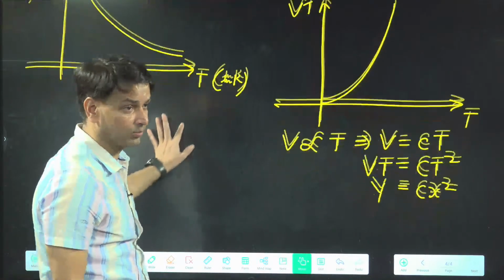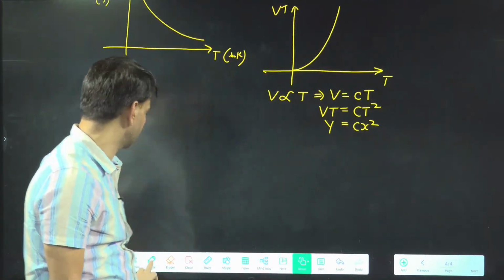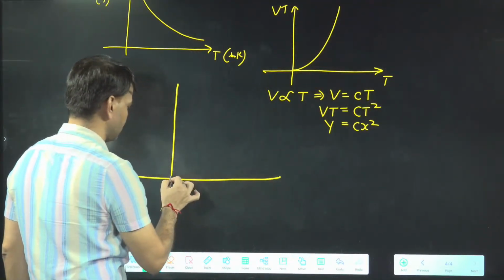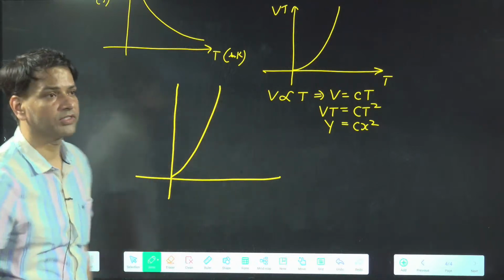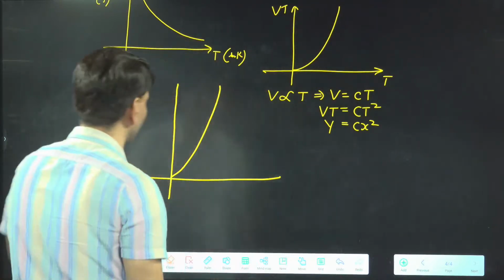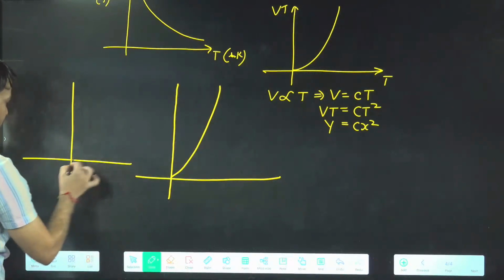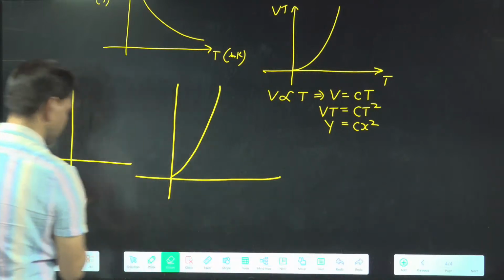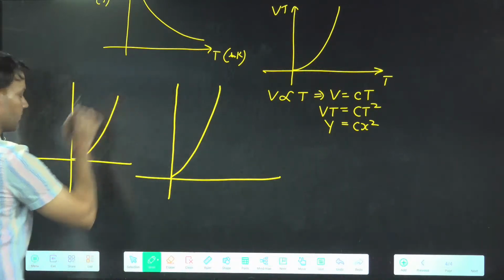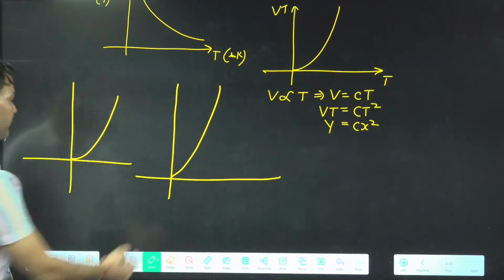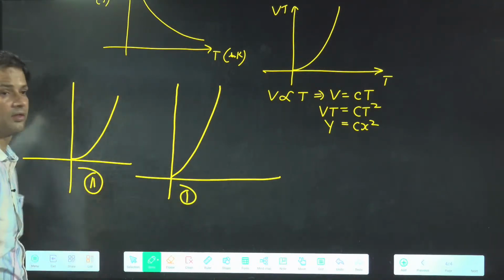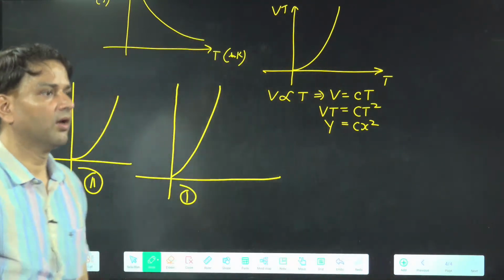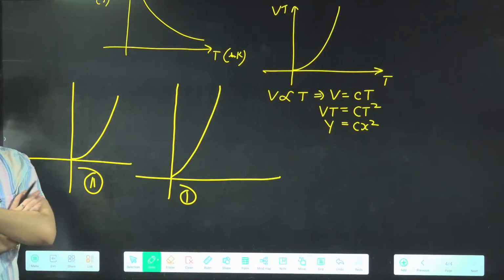Suppose these are two graphs for the same problem, one graph they have given like this, one graph I am giving like this. Which is the right answer you will take? In the same condition of pressure and mass, what answer will we take, 1 or 2? 2.